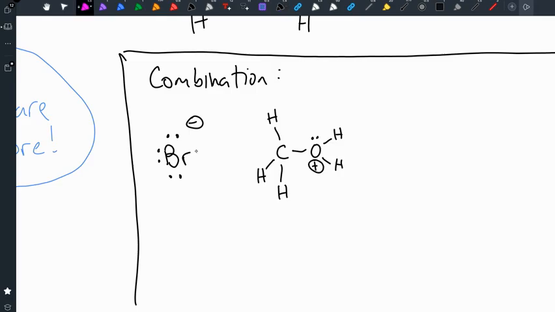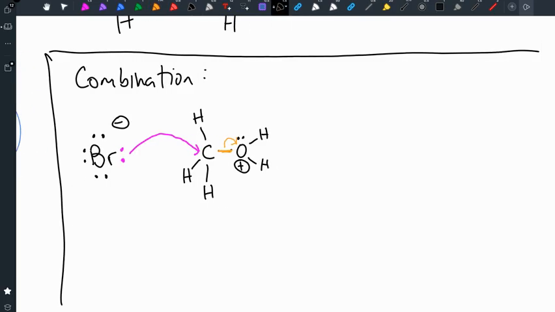And I could combine those 2 steps. So I could have bromine share a lone pair with carbon. And at the same time, I could have oxygen pull these electrons back to itself. So I'm forming a new bond and I'm breaking an old bond at the same time.